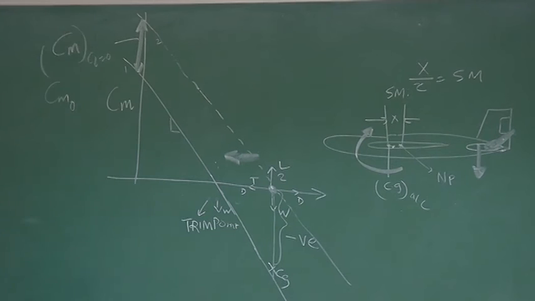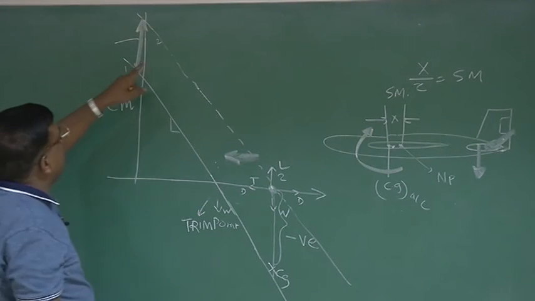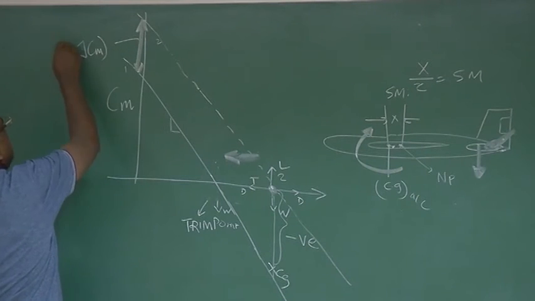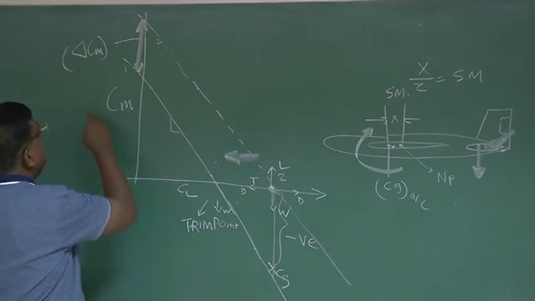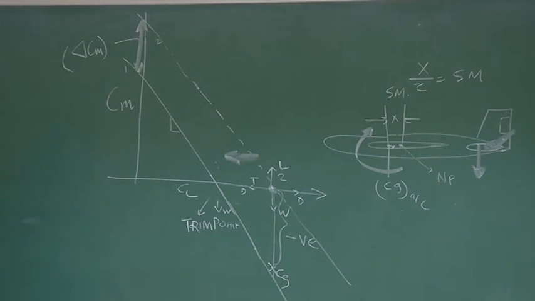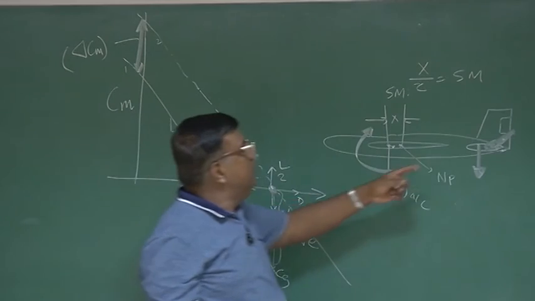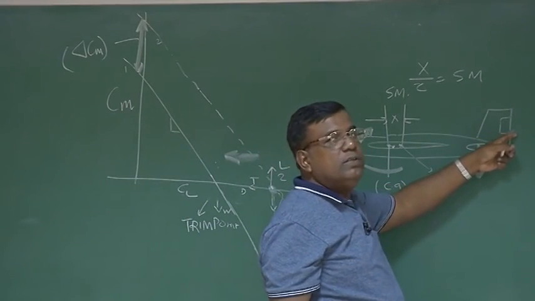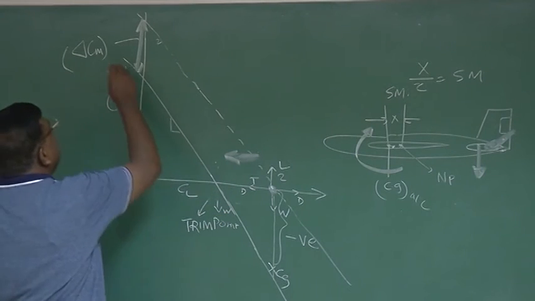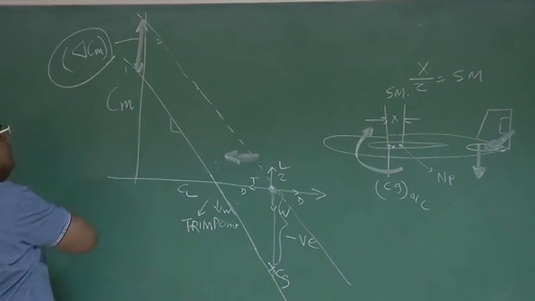If I now compare 1 and 2, we find additional delta Cm is generated. And who has generated this delta Cm at CL equal to 0? If it is a symmetric airfoil, it is equivalent to saying alpha equal to 0. Who has done it? It is the elevator being held in up position. Right? So my elevator should be powerful enough to give me this much delta Cm.